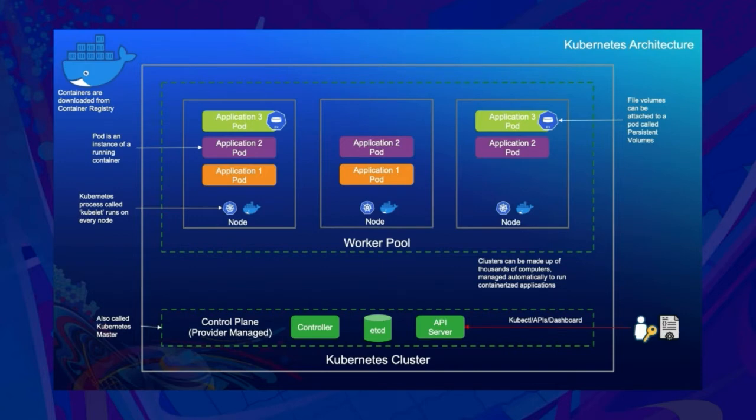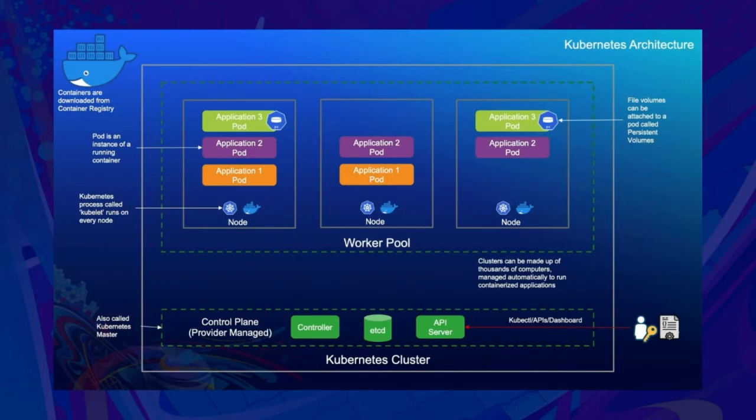The worker pool is a scalable pool of nodes of a certain kind and a certain size. Nodes have a runtime, such as Docker in this case, and a Kubernetes process called kubelet that manages the applications on that node. A pod is a Kubernetes term for a running container instance.